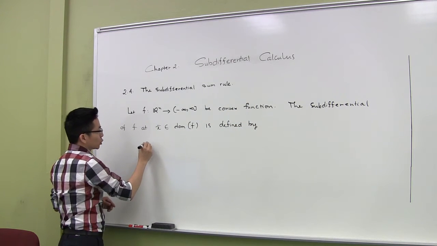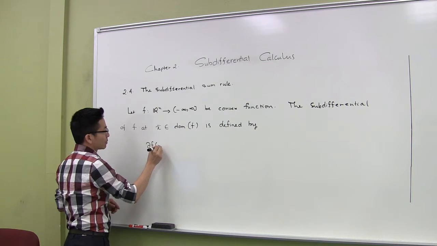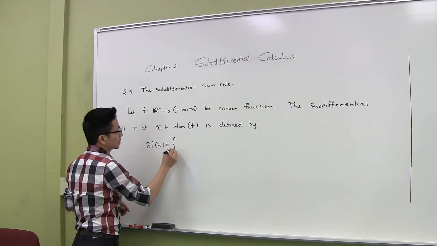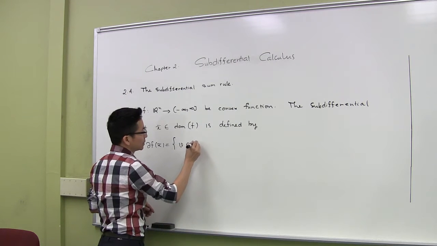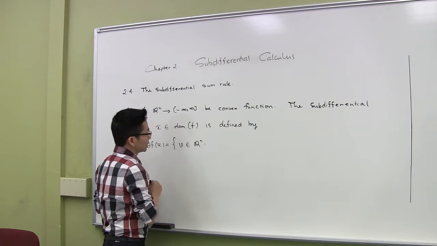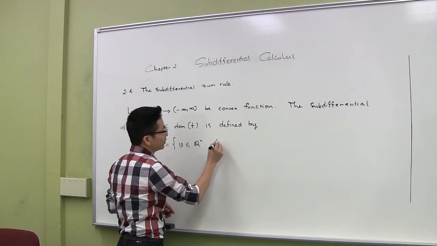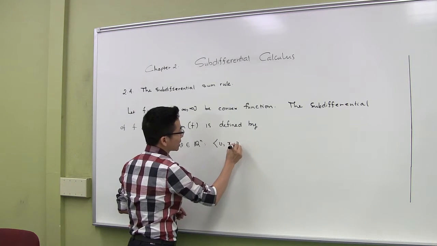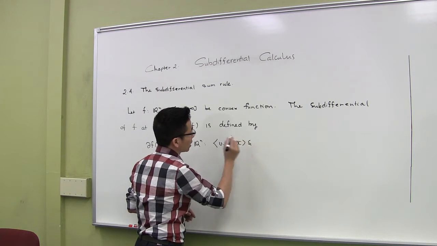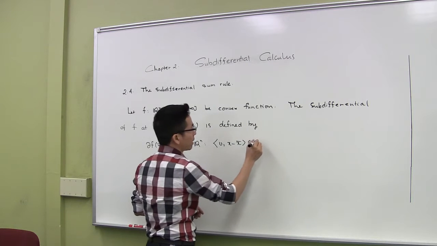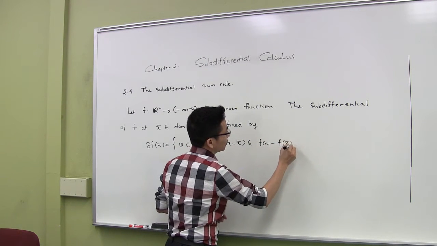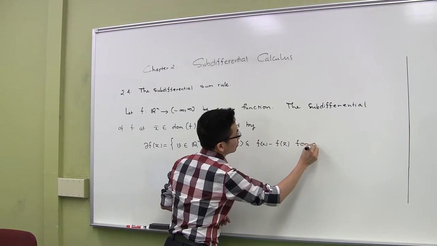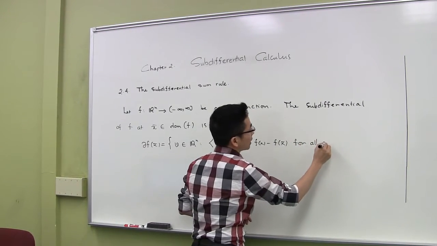The subdifferential of f at x bar contains all vectors v in Rn such that the inner product of v and x minus x bar is always less than or equal to f of x minus f of x bar for all x in Rn.